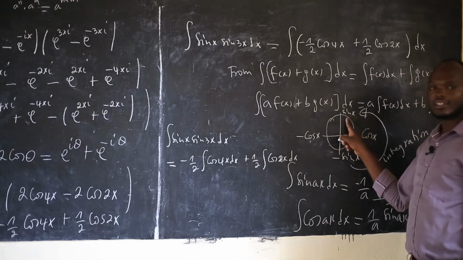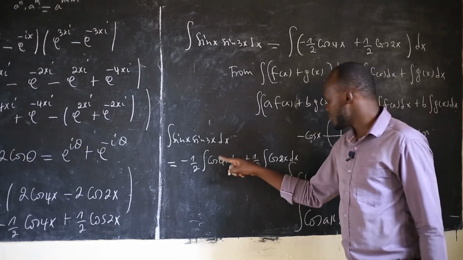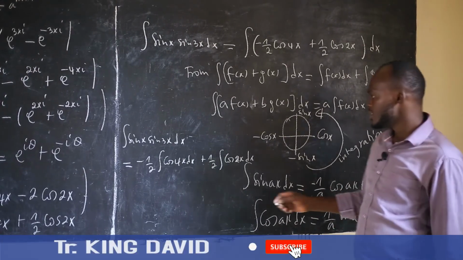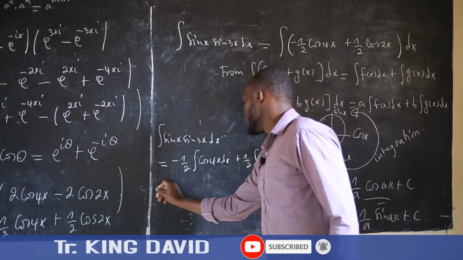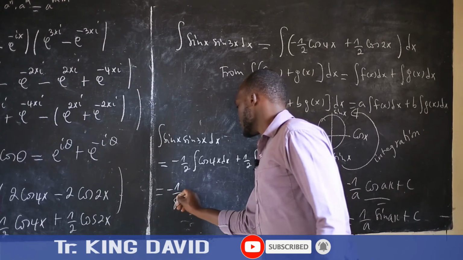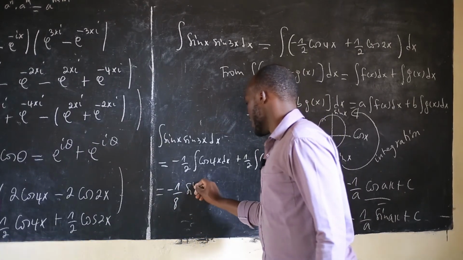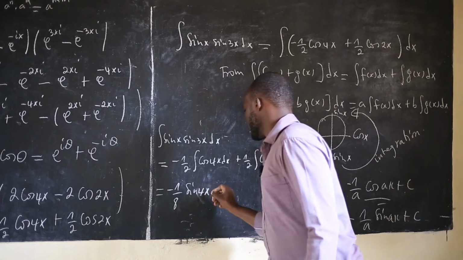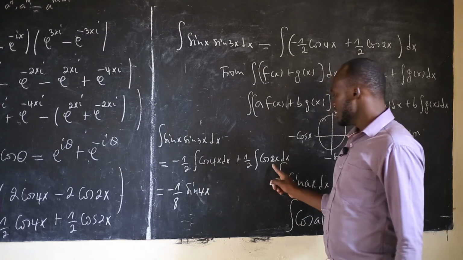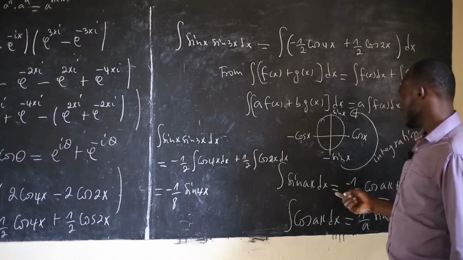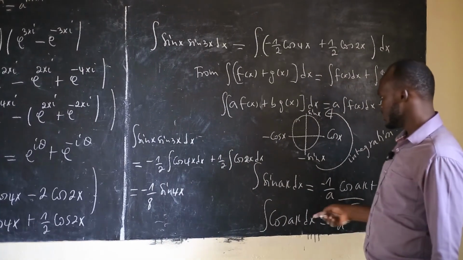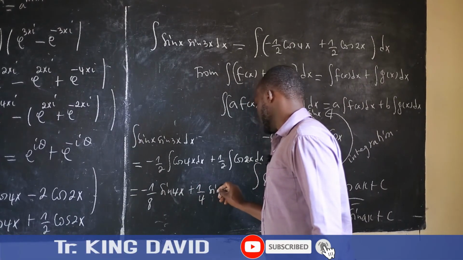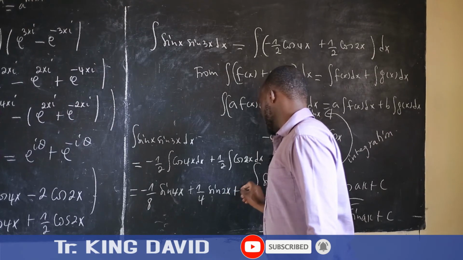Integration of cos is sine, and I have this constant 4, so it will be 1 over 4 sine 4x. 1 over 4 times a half is 1 over 8, so negative 1 over 8 sine 4x. Integration of cos 2x is 1 over 2 sine 2x, and 1 over 2 times 1 over 2 is 1 over 4 sine 2x plus constant.